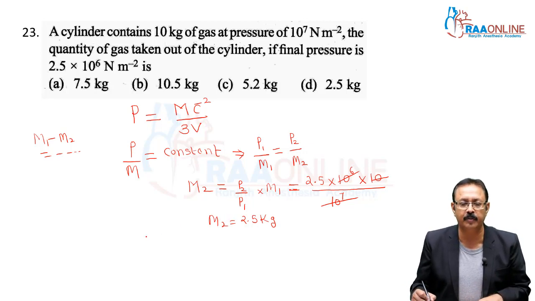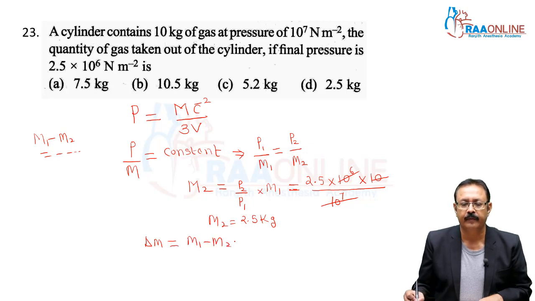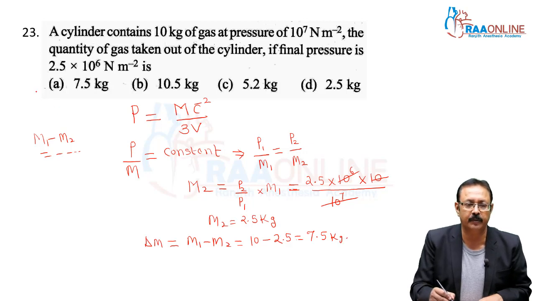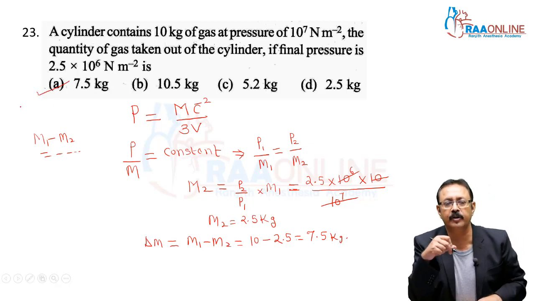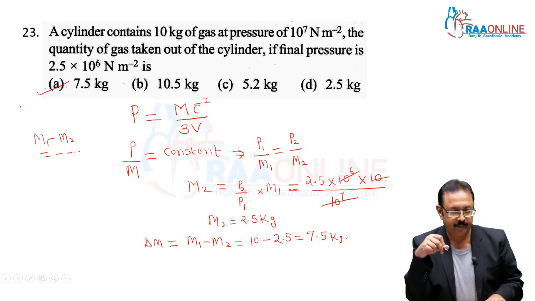So you have to remove the mass by the amount M1 minus M2, 10 minus 2.5, which means 7.5 kg. So remove 7.5 kg from the cylinder. So we are going with option A.